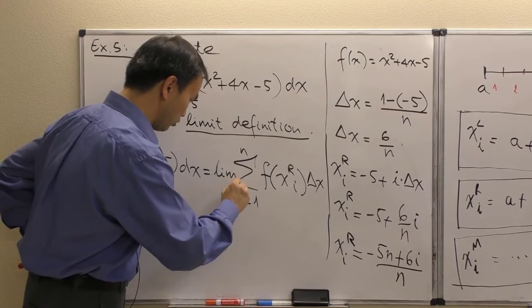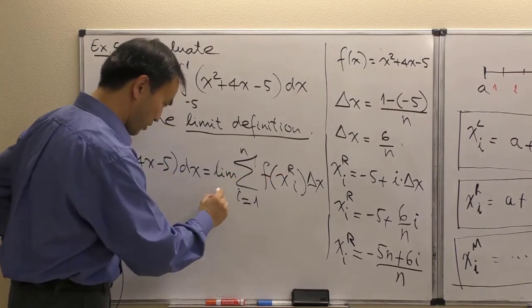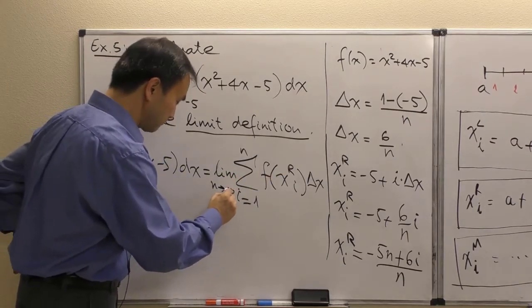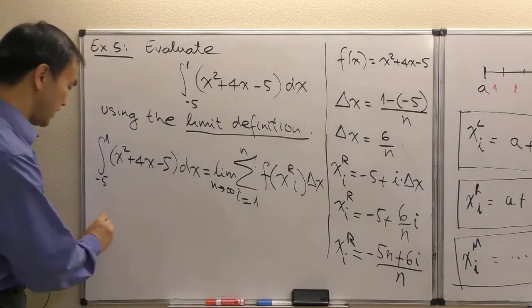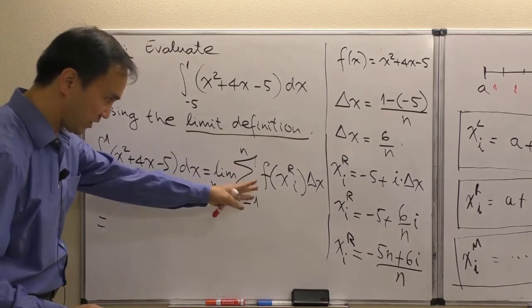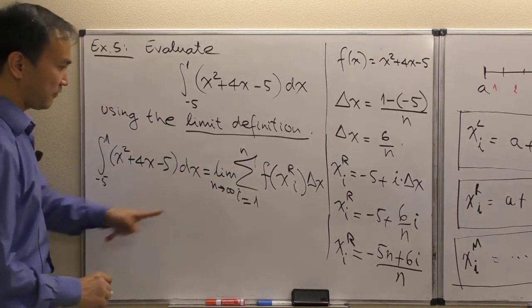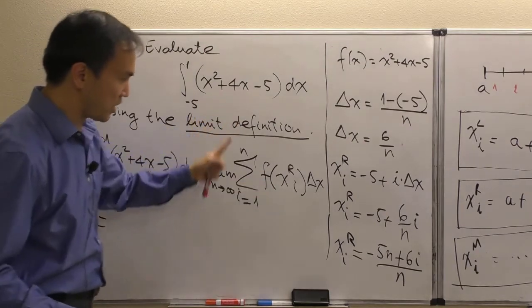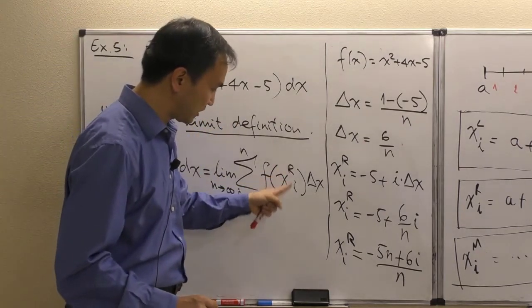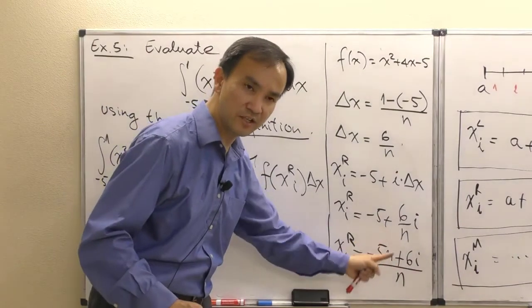Ultimately, on top of the Riemann sum work, it's a limit work. Our function has each x_i given by this expression.